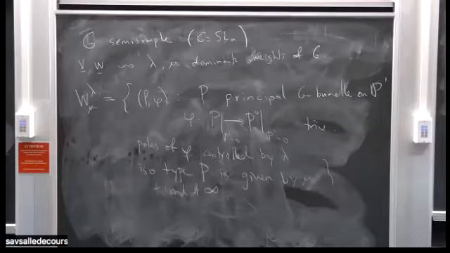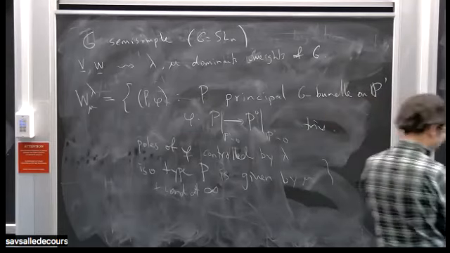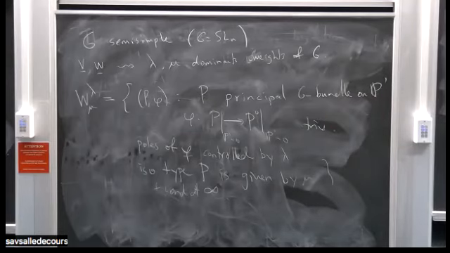Do we know if these are all the self-duals, or are these just the only ones that we know? It's a good question. It's the only one I know off the top of my head, but I wouldn't guarantee it's the only one.